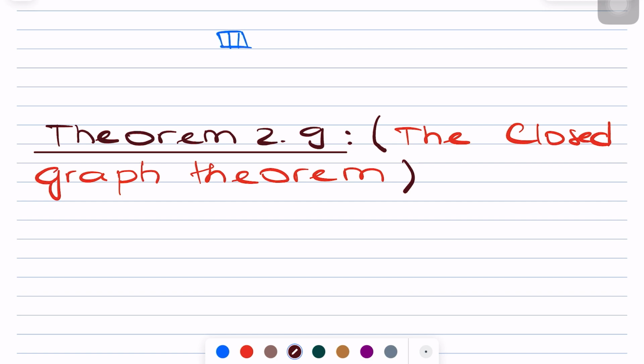In summary, the motivation behind the closed graph theorem lies in the desire to understand the relationship between the shape of a function's graph and its continuity.